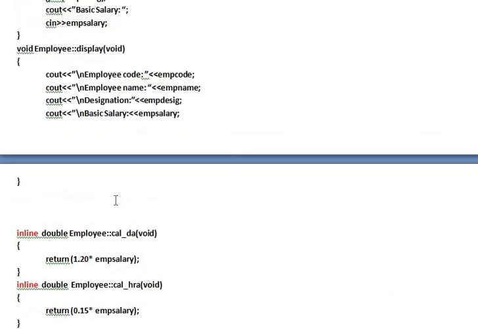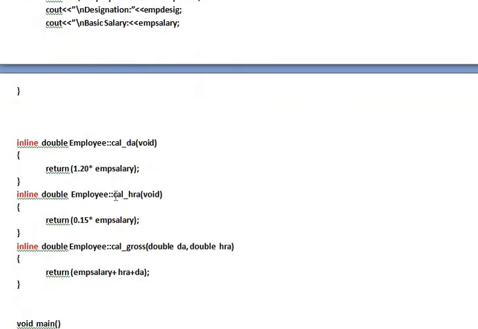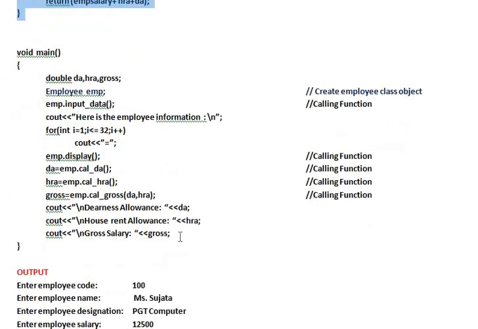Now similarly, even the member functions cal_HRA and cal_gross are also treated as inline. So the implementation details of these two functions, cal_HRA and cal_gross, can also be substituted into the calling function, over here and here.